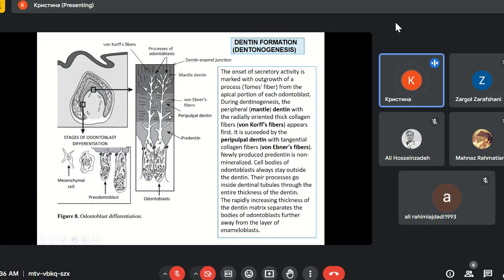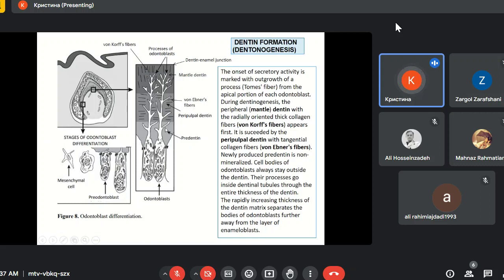In circumpulpal dentin, the collagen fibers start to be oriented more horizontally, like this in this picture, but actually they go along the surface of the future tooth. They go as the surface of the tooth goes, and it is called tangentially. Tangential direction is parallel to the surface. So here we have the tangential collagen fibers, which are called von Ebner's fibers.